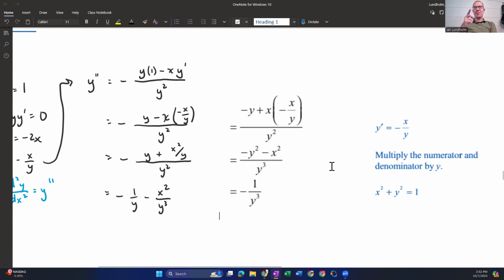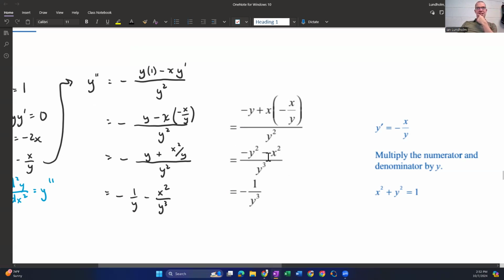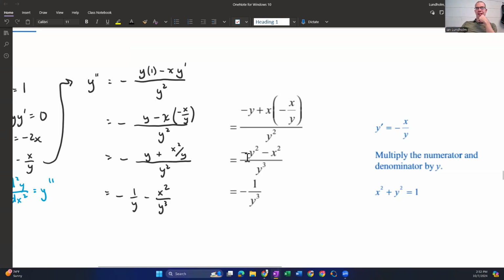But the idea being, they multiplied the numerator and denominator by y so that they got negative y squared minus x squared on top. And then they were able to utilize this relationship, which was the original unit circle, to turn this into a -1 instead of negative y squared minus x squared.